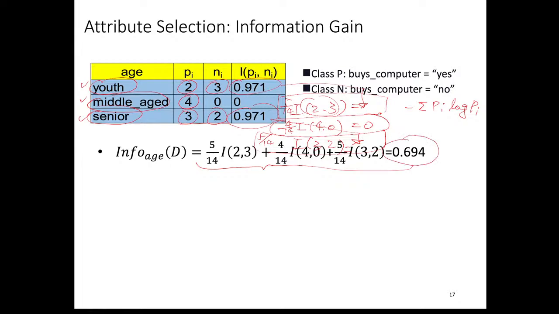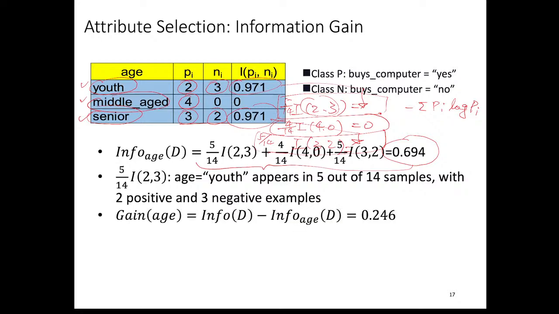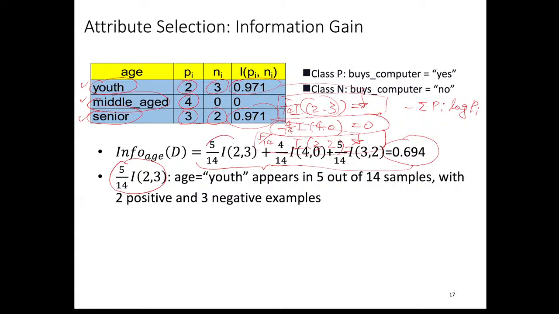This is the amount of chaos after the split. What does this 5/14 mean? It means that 5 out of 14 instances belong to this group. And this info(2,3) means that out of these 5 people, 2 of them are positive, 3 of them are negative. So we need to compute info(2,3).